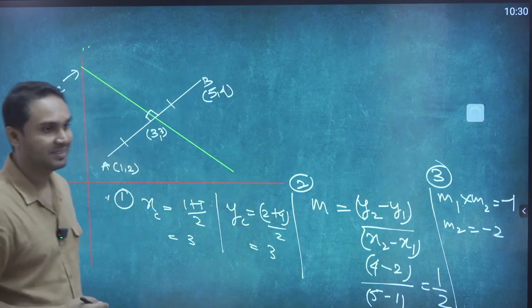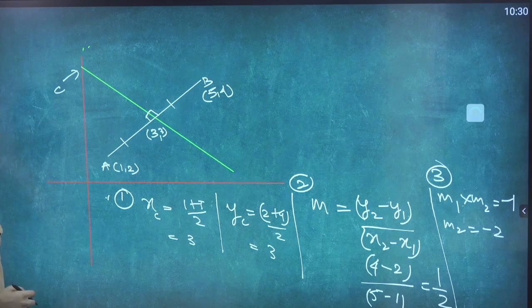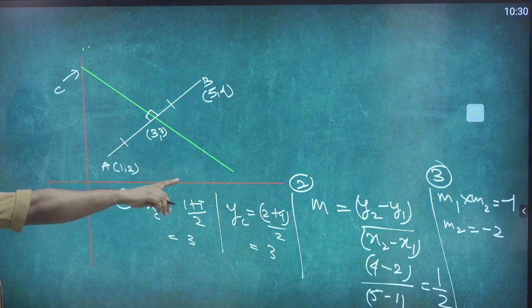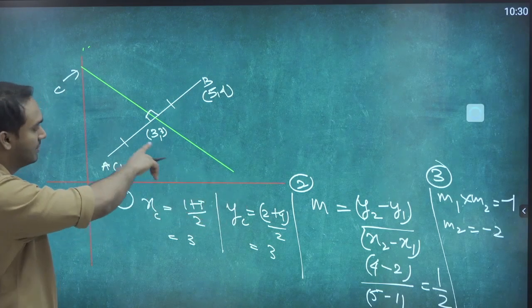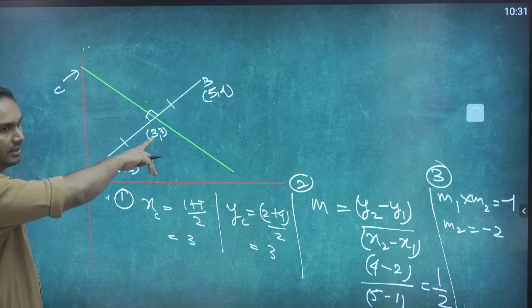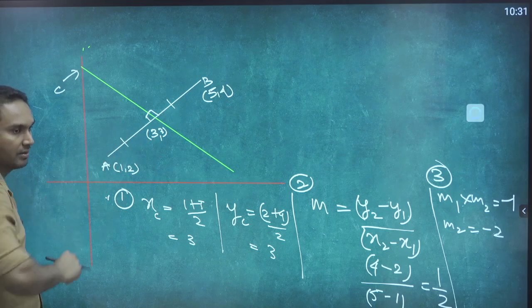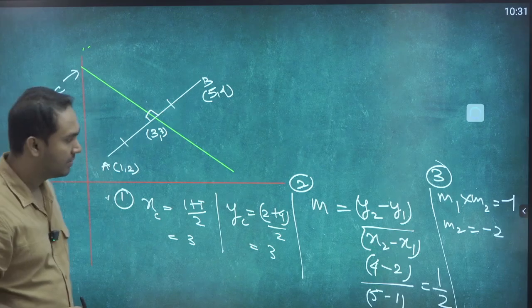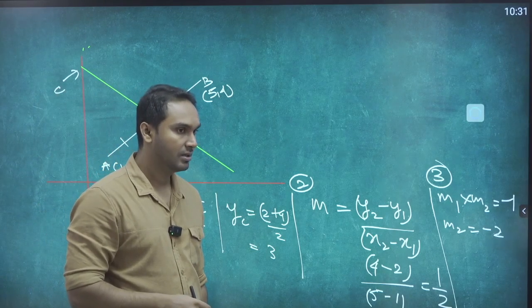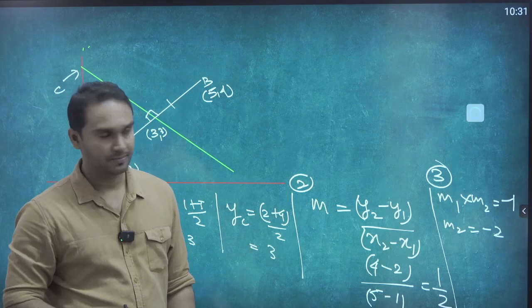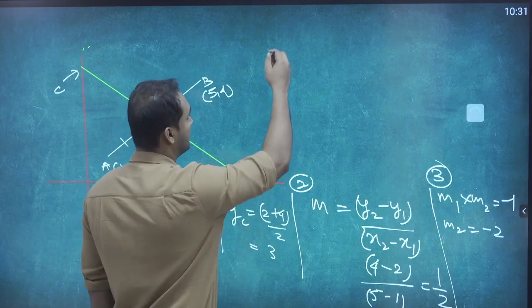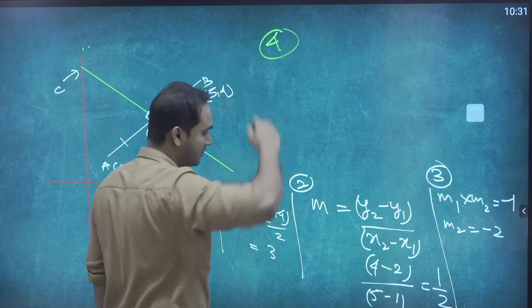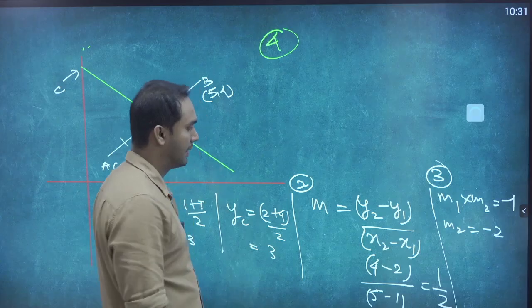Is the question finished yet? No. Now you have the gradient, and you have the x and y coordinates of one point. Now what can you do? You have to find the formula. To find the formula, what is the equation you put here? This, right? So that is step 4. M is what?